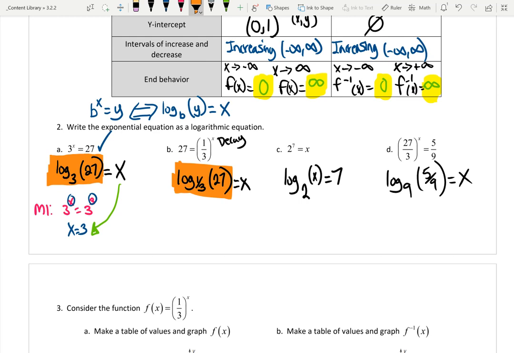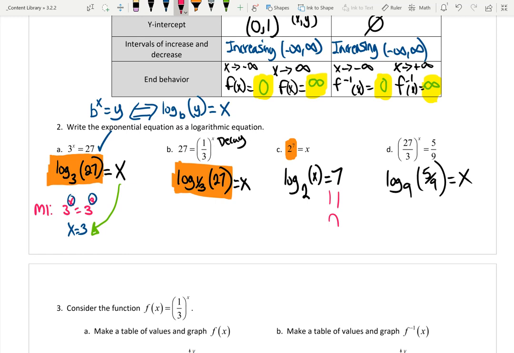This next one, now notice how with 2 to the 7th, everything's on the same side. They're all on the left side. I can easily calculate what that is. So the top form is going to be a lot more useful. This bottom part, where the log base 2 of x, I cannot use with my calculator. This is not going to help me.